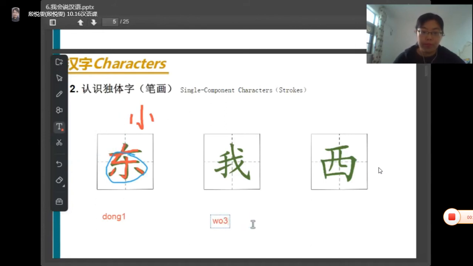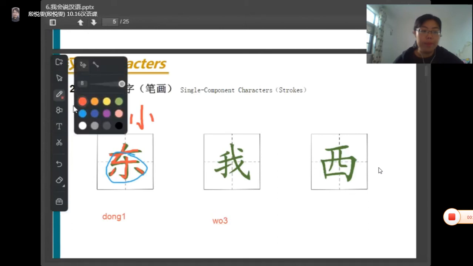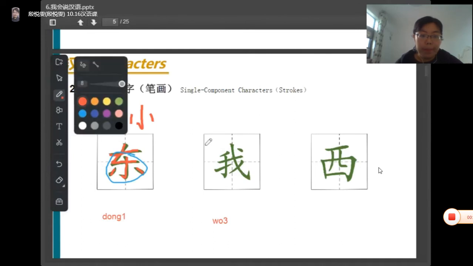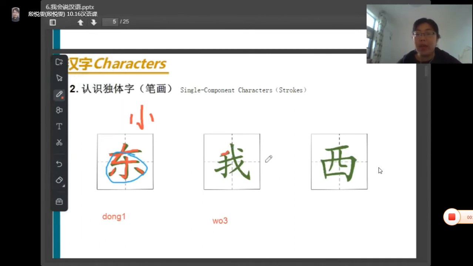我, third tone. It means I. Okay, how to write it? The first stroke is 撇, and this 撇 is very short.